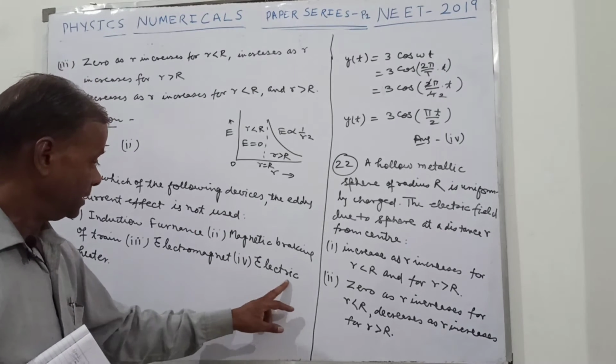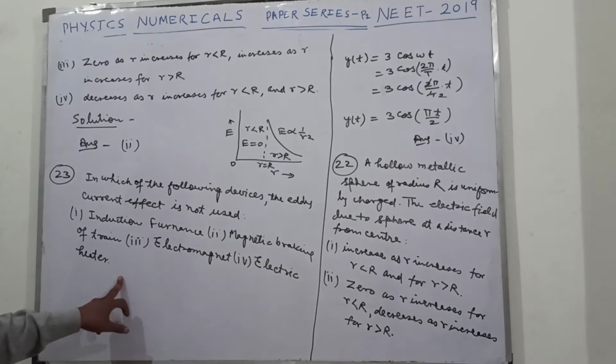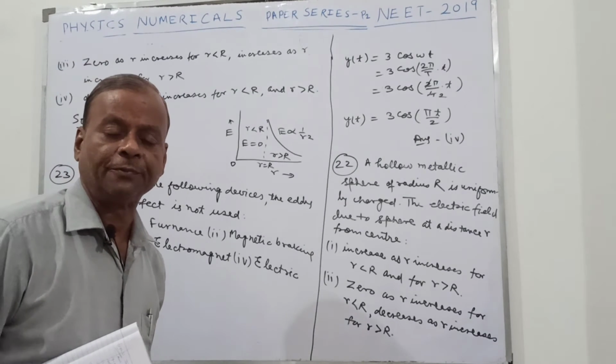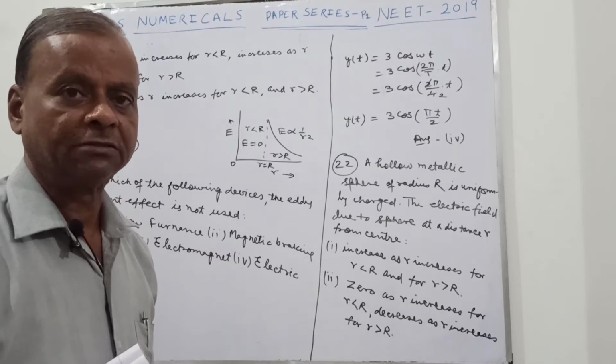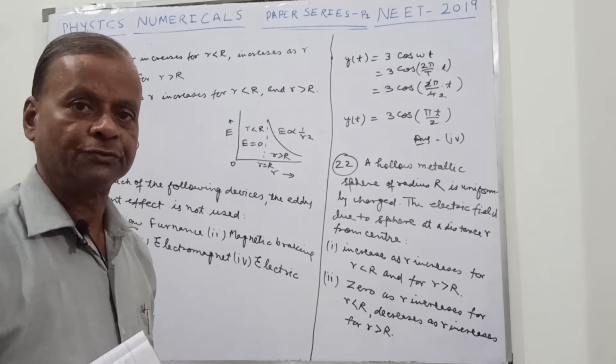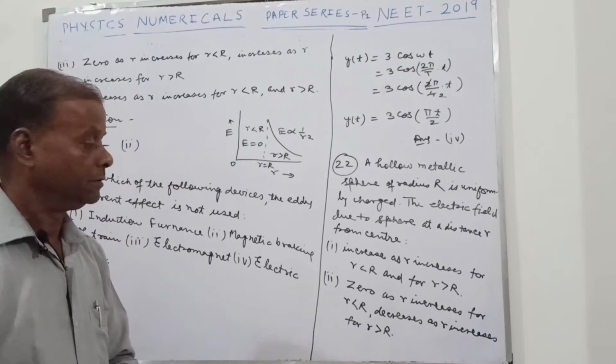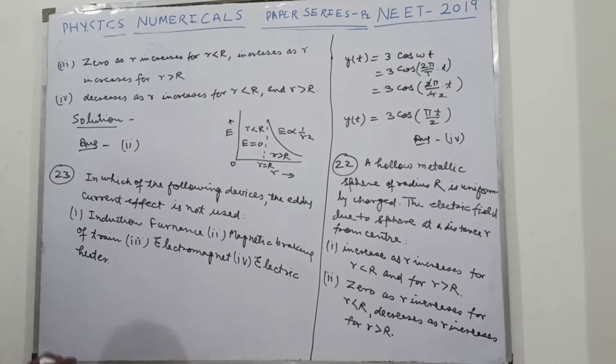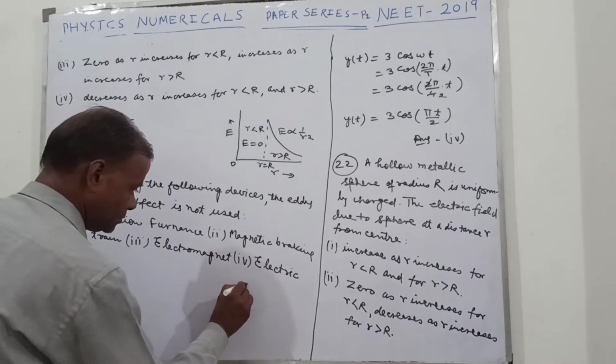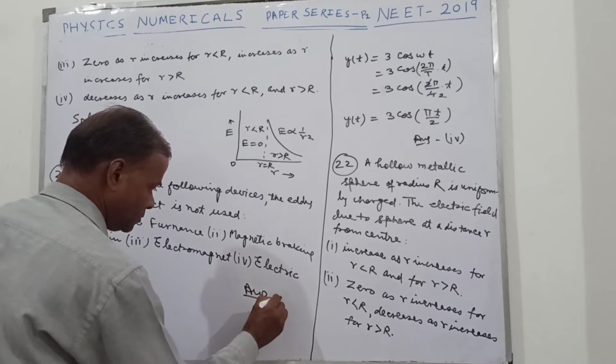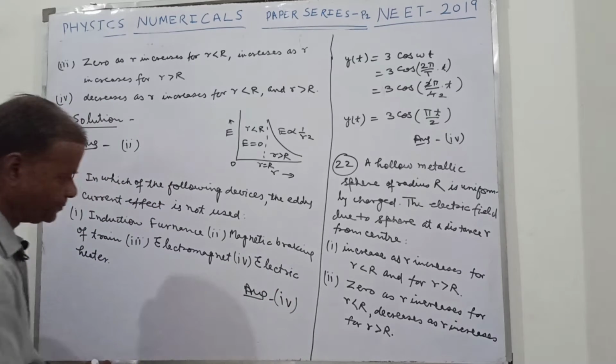In the electric heater, there is no eddy current, because this depends upon the heating effect of the current. So eddy currents are not used in the electric heater. So our right answer is the fourth.